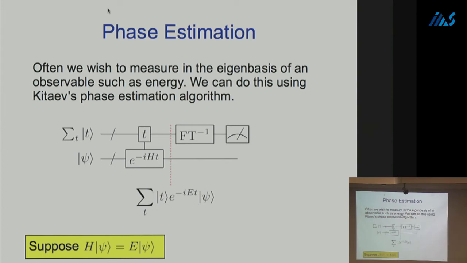This is not the state integral from 0 to infinity dt e^{-iEt}, which if you Fourier transformed it would give you the exact value of E. This is over a finite domain. It's kind of like if you take this plane wave and cut it off with some envelope function, the Fourier transform of that envelope function is going to convolve with what you wanted, which was an exact delta function, and you're going to get some uncertainty. So how many bits you put in this register determines how precisely you can measure this eigenvalue.